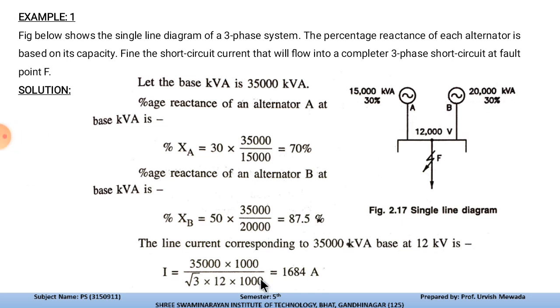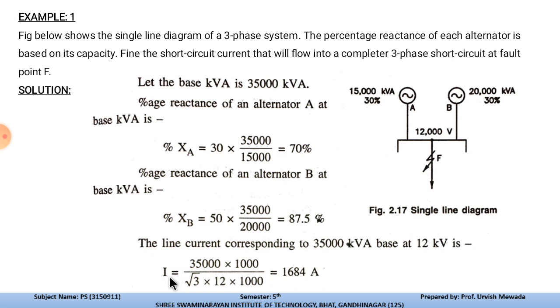Now the line current corresponding to the 35,000 kVA base at 12 kV. We have the equation P is equal to root 3 V I cos phi, so we put those values over here.